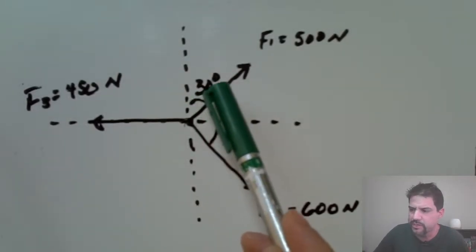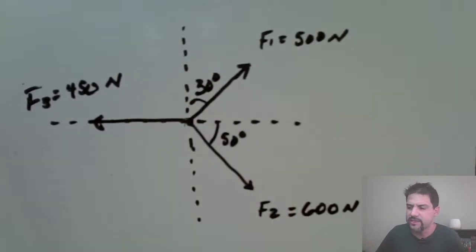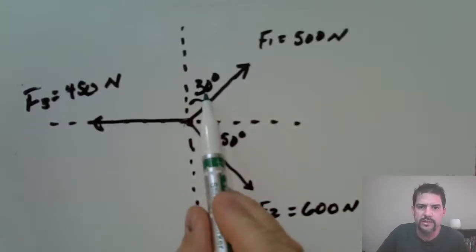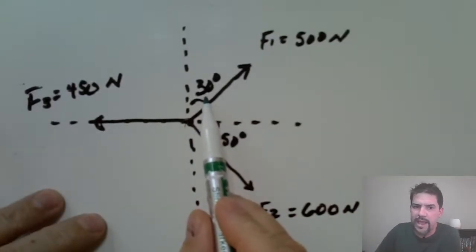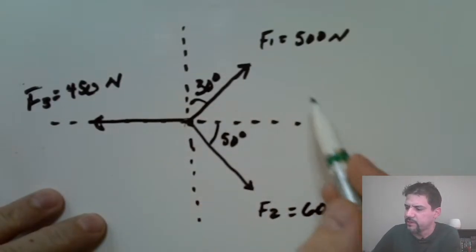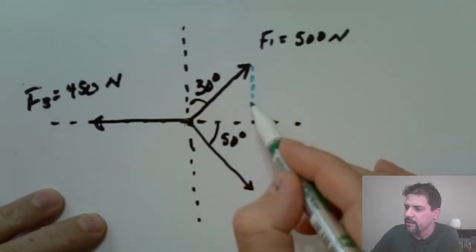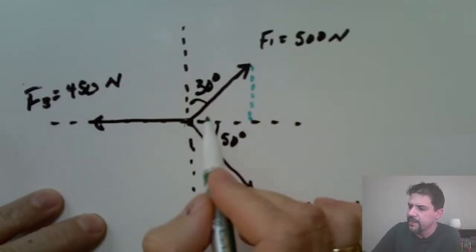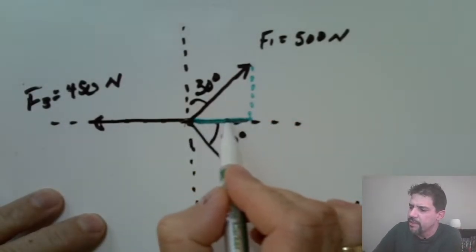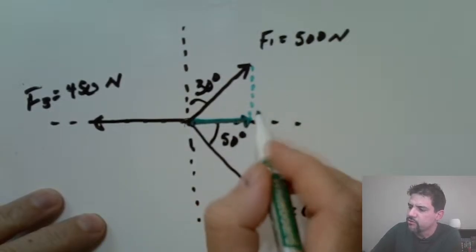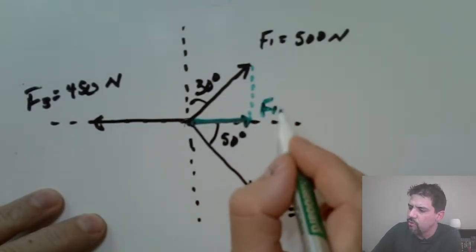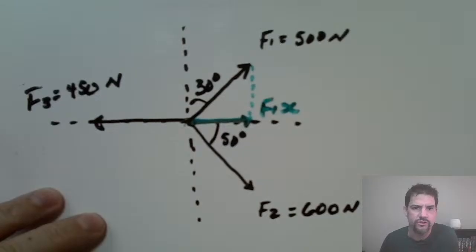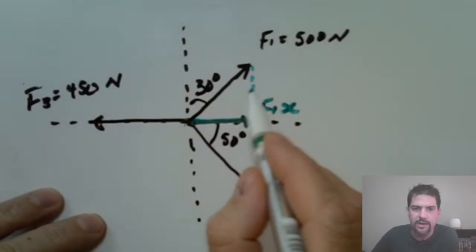Let's go to F1, which is this one. You can see the angle this time they use is right at this point. If we break this force into components and we come down here, for example, with a dotted line, here is going to be the x component. This one here is F1 in x, or the horizontal component of the first force.